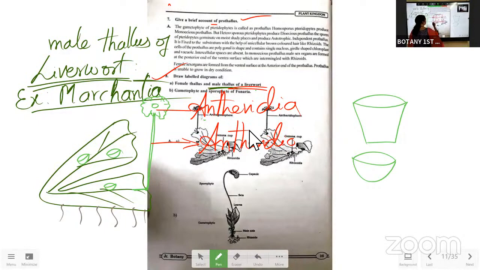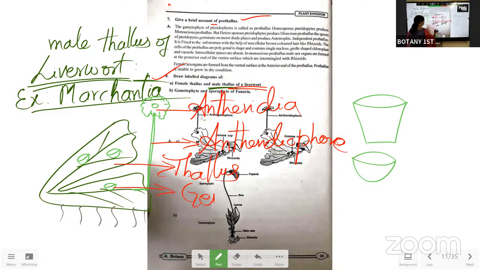That is the stalk of the antheridia, called the antheridiophore. This is the thallus. These are gemma cups. Okay, these are rhizoids.